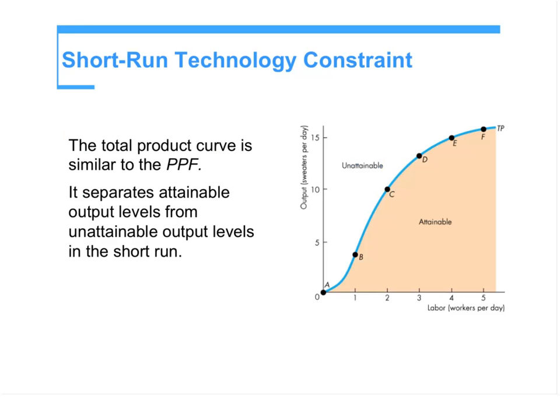So the total product curve separates attainable output levels from unattainable output levels in the short run.